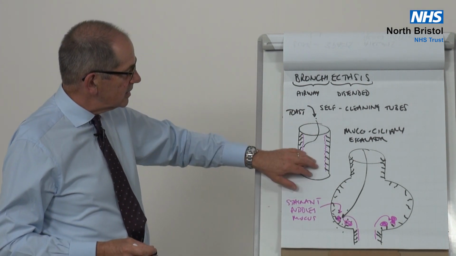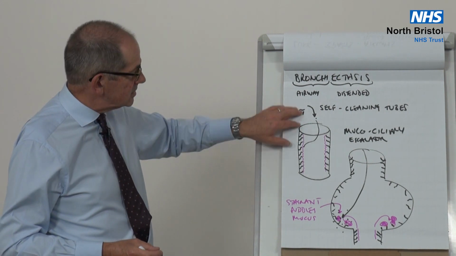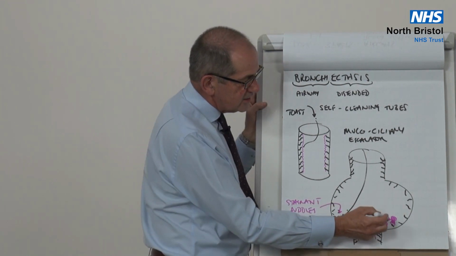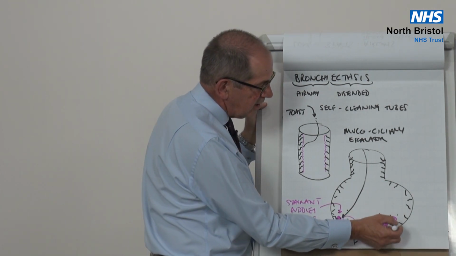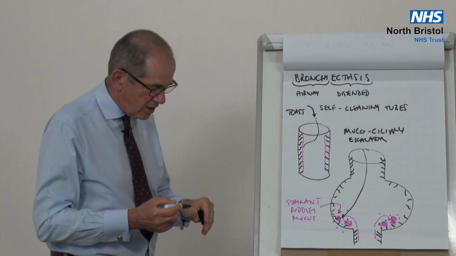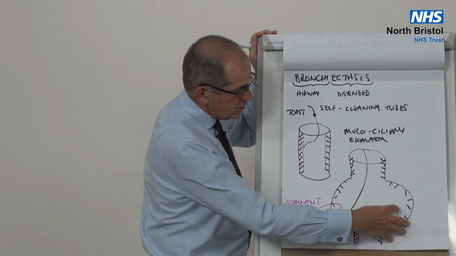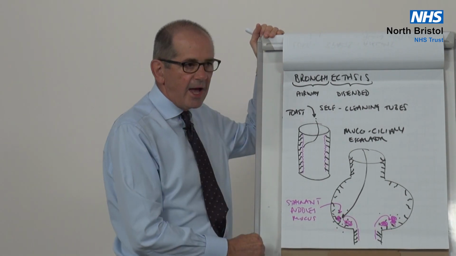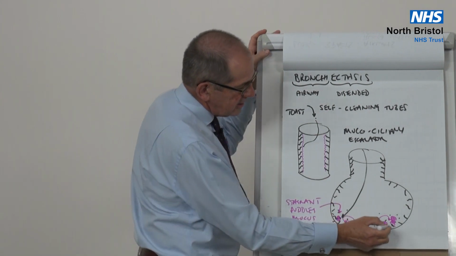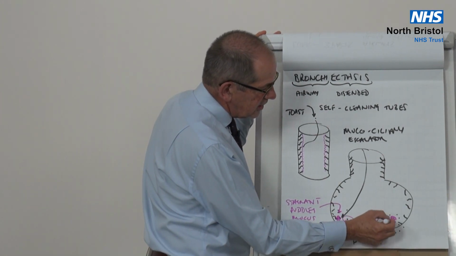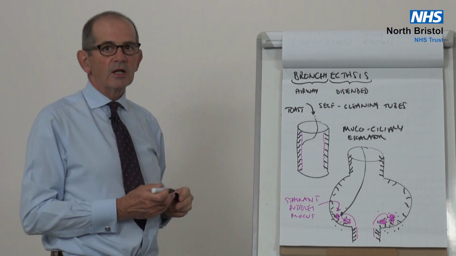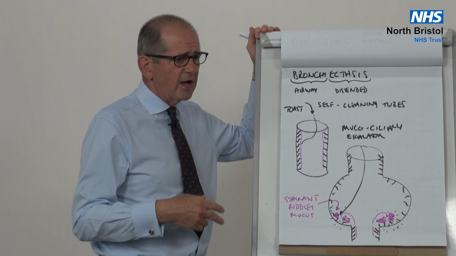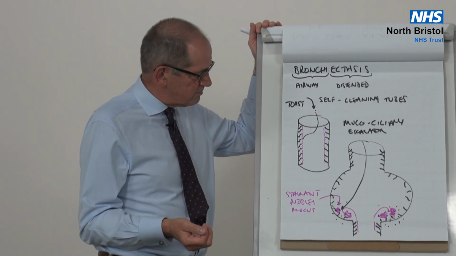A normal healthy lung is clean inside with no bugs at all because of this cleaning mechanism, but in bronchiectasis the bugs are able to survive in these puddles of mucus. And from time to time, particularly if you get run down, the bugs, which are constantly fighting a battle with your immune system, can get the upper hand, and they can multiply even more so to cause not just colonization but an infection in the lung, and the infection will bring with it symptoms like cough and mucky sputum and generalized malaise.